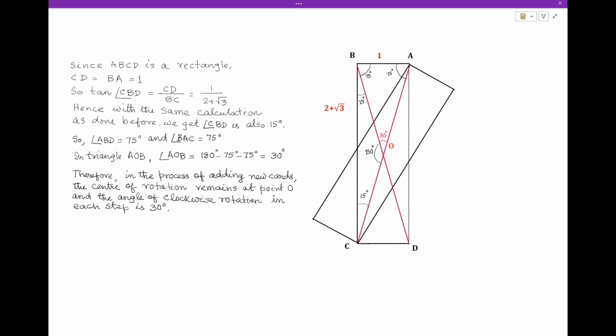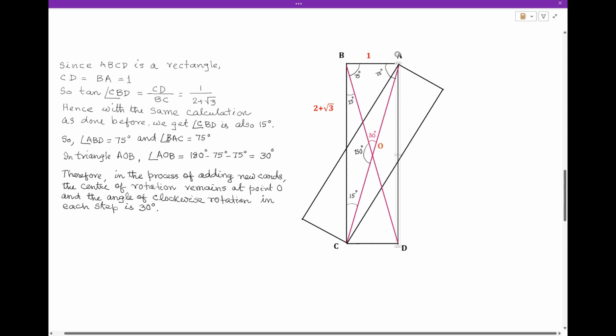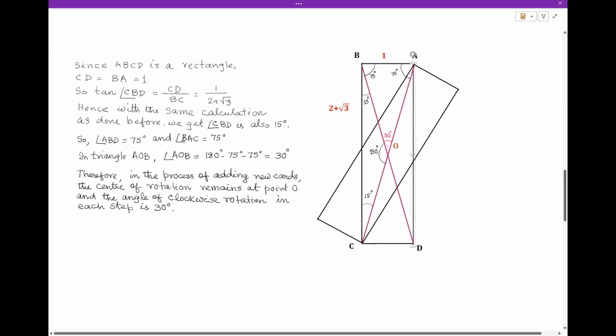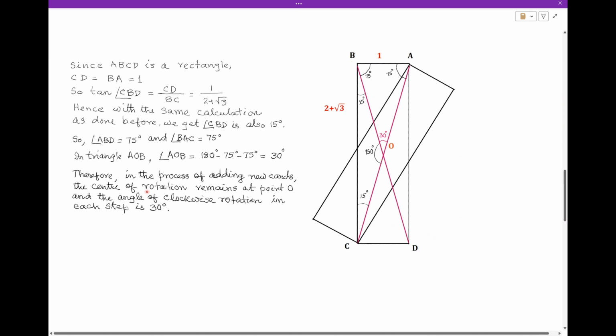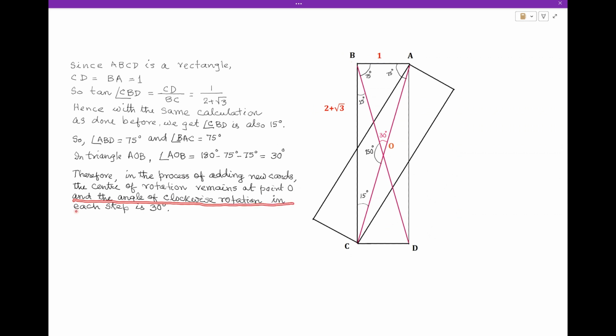So, that is equal to 30 degree. So, the center angle AOB is 30 degree. Therefore, in the process of adding new cards, the center of rotation remains at point O, that is, it is rotated about this point, and the angle of rotation is in each step 30 degrees clockwise.